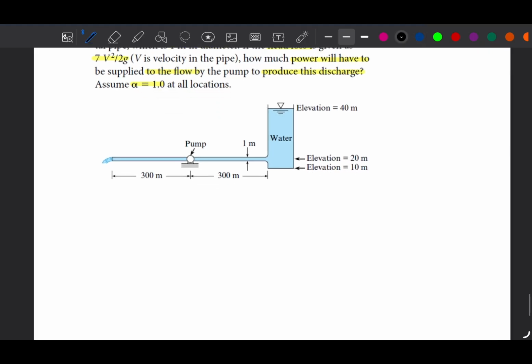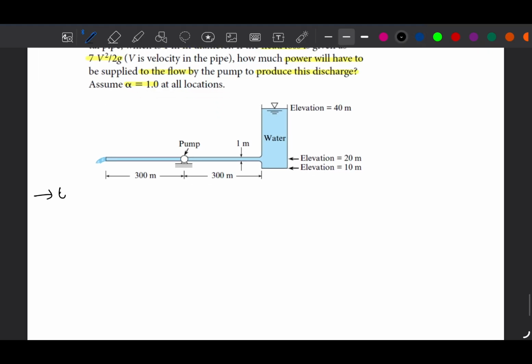So let me write the complete energy equation, which means we will also include the head of pump, the head loss, and turbine. And if we had a different value of alpha, it would be used here.